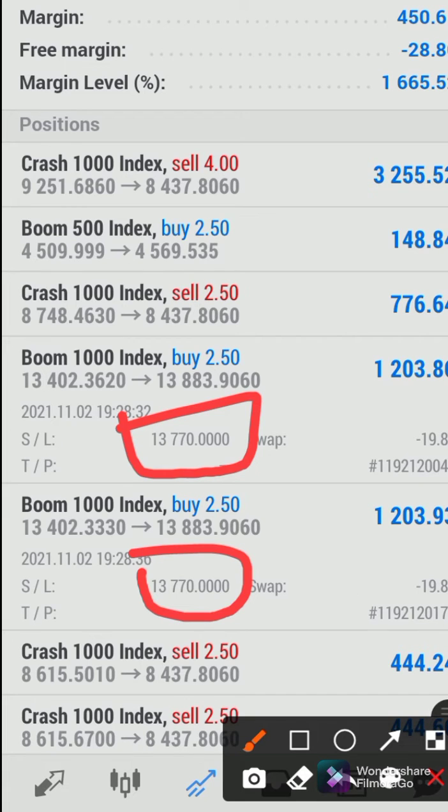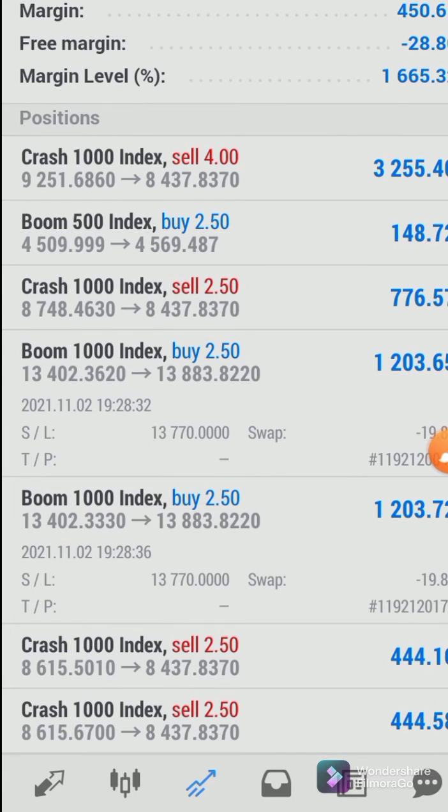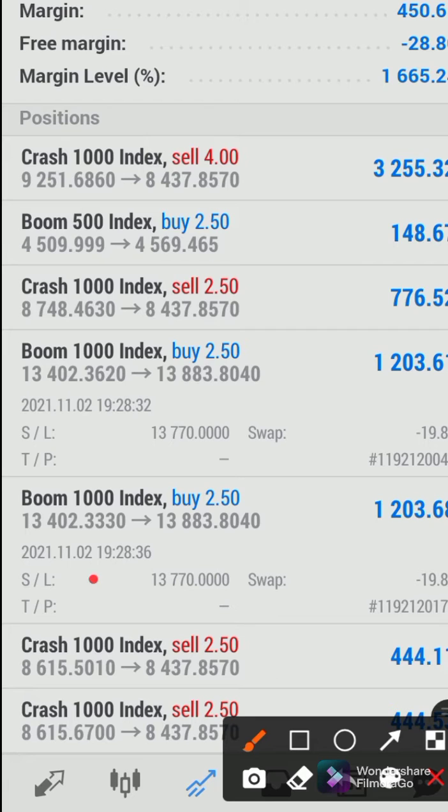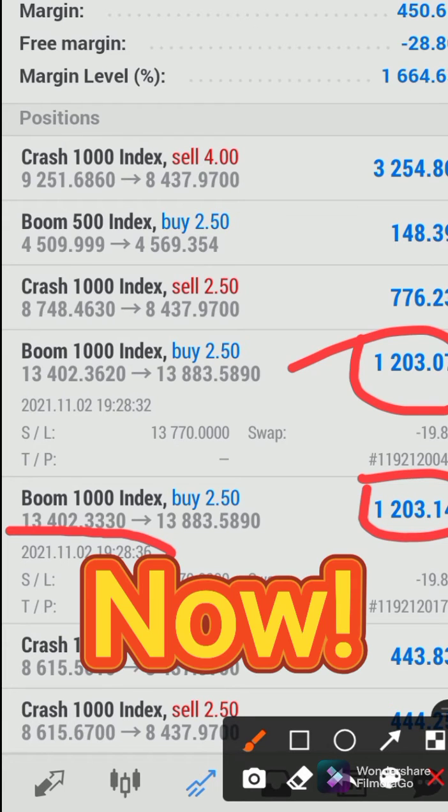This is the new stop loss I've already placed on this trade, and you can see the trade was executed on the 2nd of November. So let me show you the exact scenario in which you can take your trades and trail your stop loss manually, the way I'm doing right now.